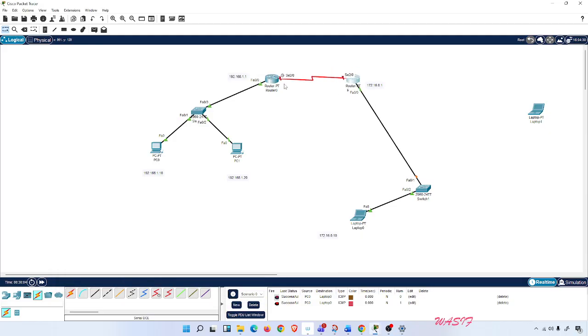Now if you look at here, I do not have any IP address between these two interfaces. So I need to introduce another IP address between the interfaces. So let me bring here 1.1.1.1/30 and 1.1.1.2/30.